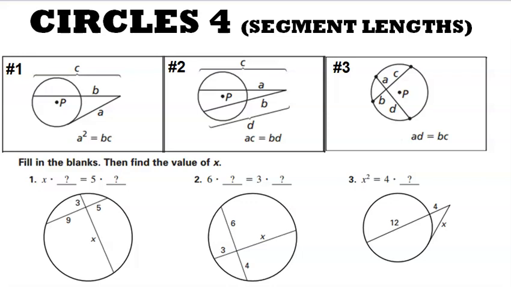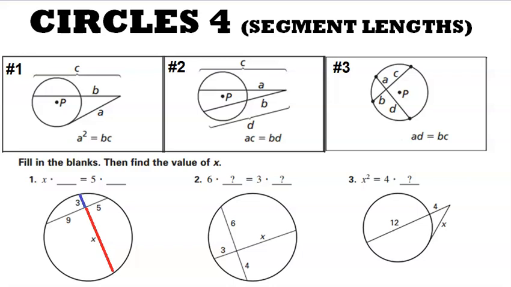So if you look at question number 1, when it's asking you to fill in the blanks and then find the value of x, I left these question marks in here just to annoy you. I get to delete them, you don't. Take a look. So we have x. What is the other piece of the chord that goes with x? Well, it's the piece that has the 3 on it.